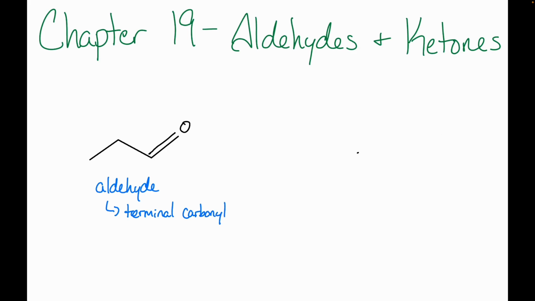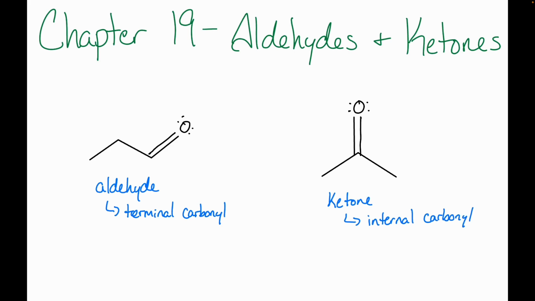A ketone is when you have that carbonyl group on an internal carbon, so not sticking out off of the end, but somewhere in the middle. So aldehydes are terminal carbonyl groups. Ketones are internal carbonyl groups.